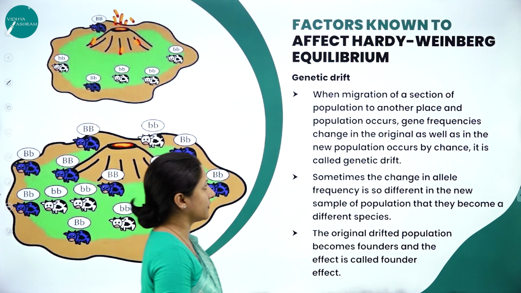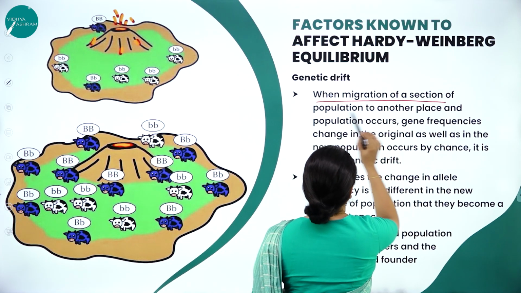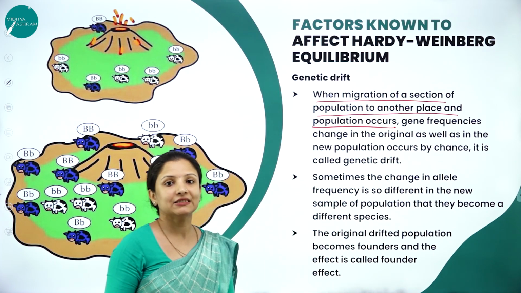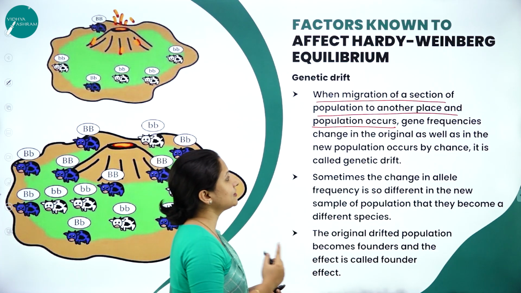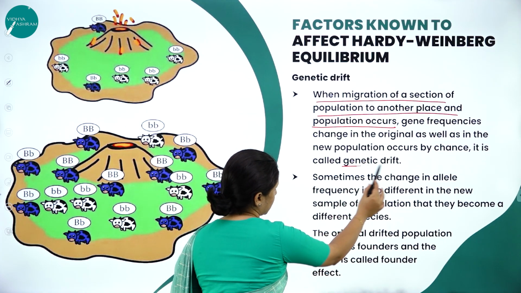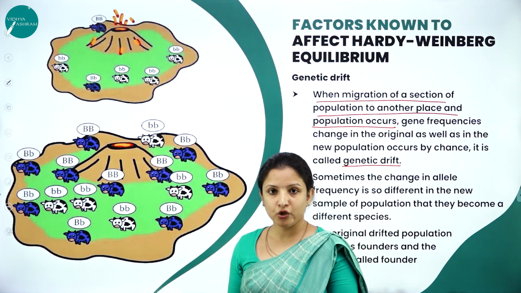Next is genetic drift. When migration of a section of a population to another place occurs, gene frequency changes in its original as well as in the new population. It is called genetic drift. Here, a group of organisms will either completely shift to a new habitat.